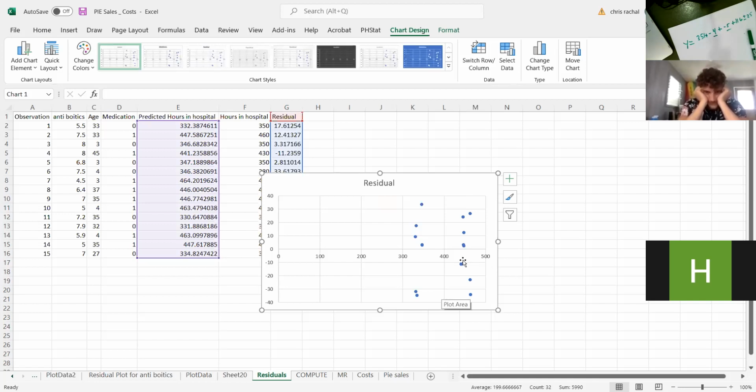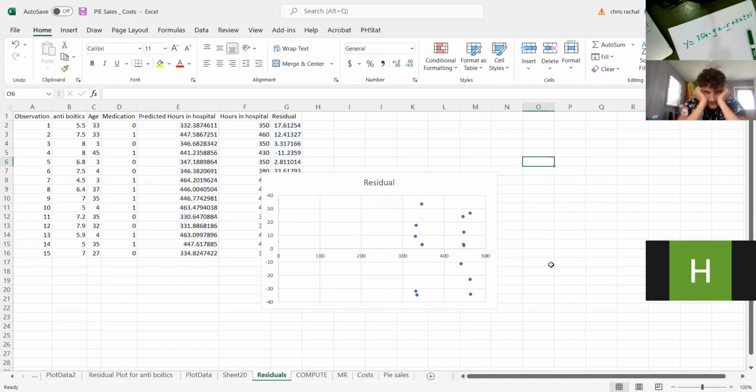So what this is telling us is that it's equally variable over time. We're not seeing it increase. If it did increase, it would start from the 0 and start increasing over time. But it looks like it's equally variable on both sides, no wedge-shaped pattern. So our assumptions are okay.